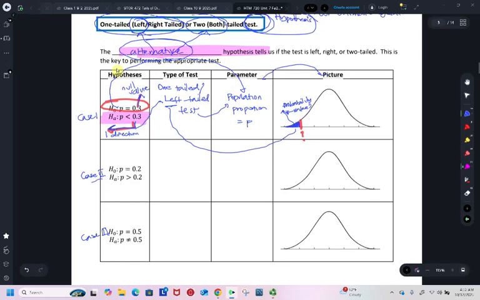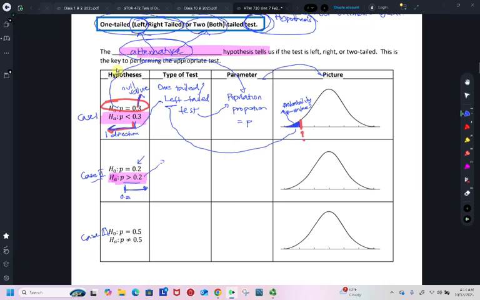Let's consider case 2. In case 2, the alternative hypothesis is only saying that if it is not 0.2, the only other direction it can go is in the right direction. It can be greater than 0.2.